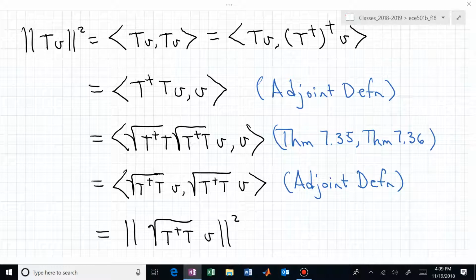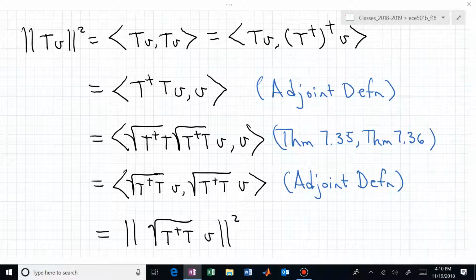Using theorem 35 and 36 to rewrite this inner product, we now have the square root of T dagger T operating on the square root of T dagger T V, inner product with V. And what's the square root of T dagger T?